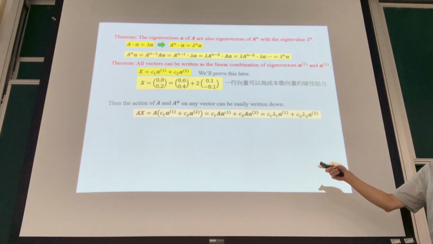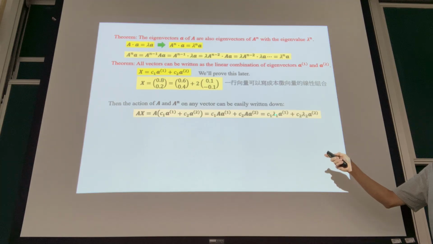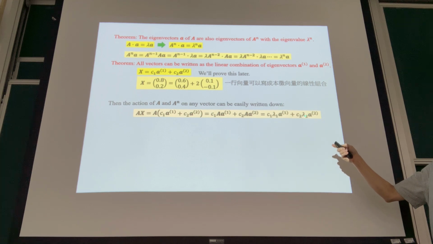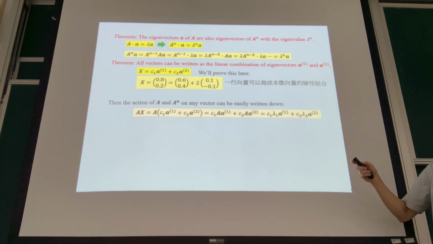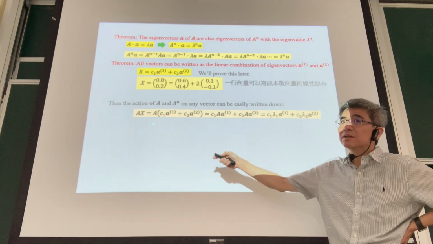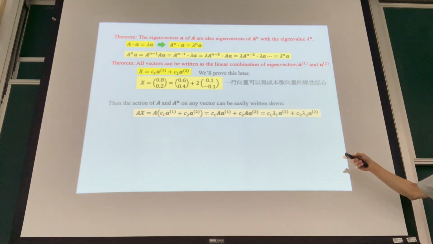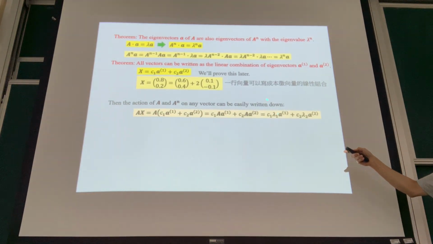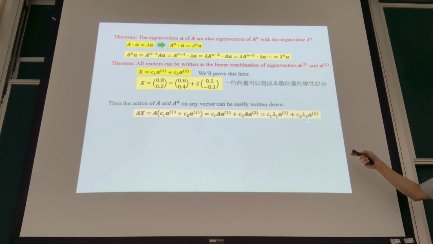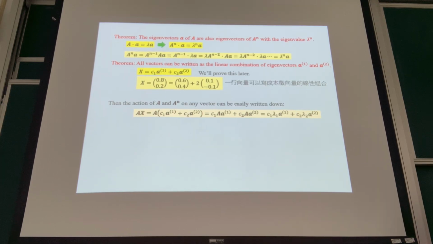And A a1 is equal to lambda 1 a1 because a1 is the eigenvector. A a2 is equal to lambda 2 a2. So the final result, A times any vector, will be equal to the first eigenvalue times c1 times the first eigenvector plus the second eigenvalue times c2 times the second eigenvector.